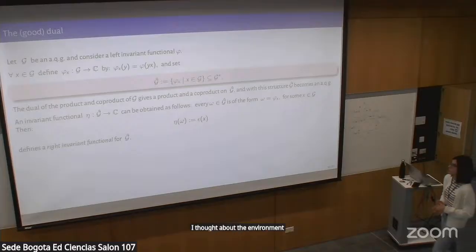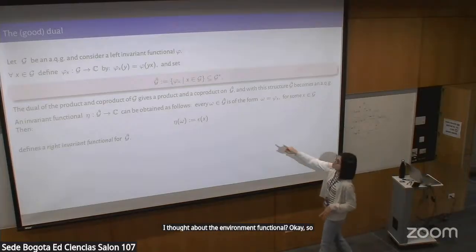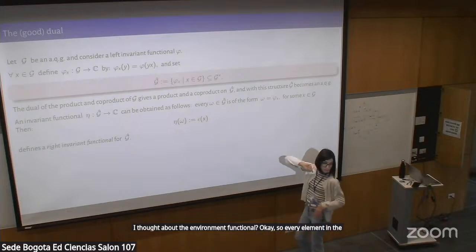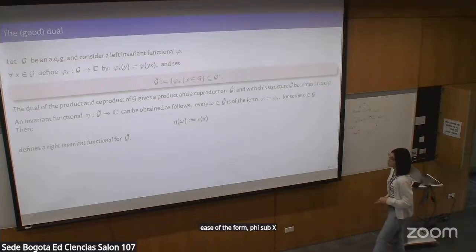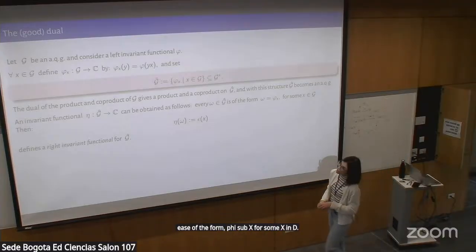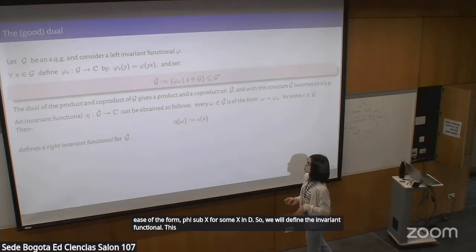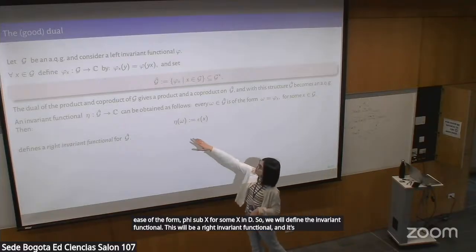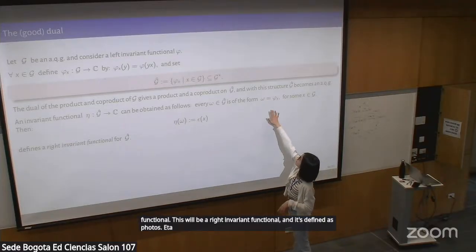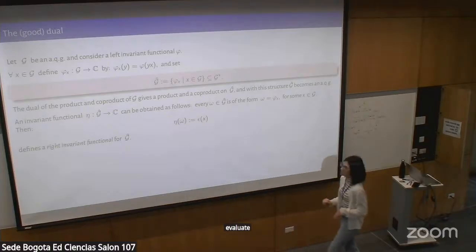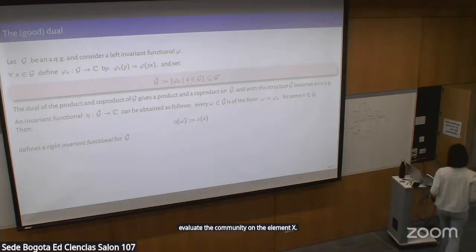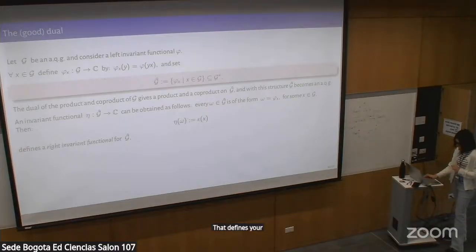Every element in the dual by construction is of the form phi sub x for some x in G. So we define the invariant functional, which will be a right invariant functional, as follows. Eta on this omega will be just the counit evaluated on the element x. That defines the functional. So we have again an algebraic quantum group.